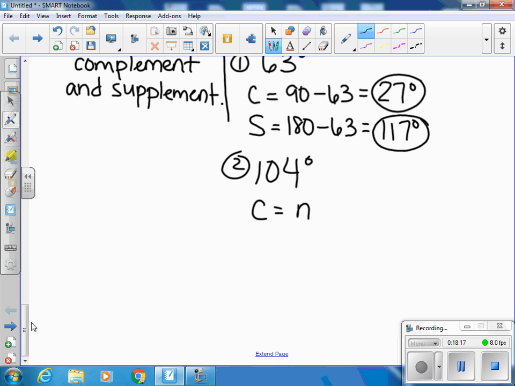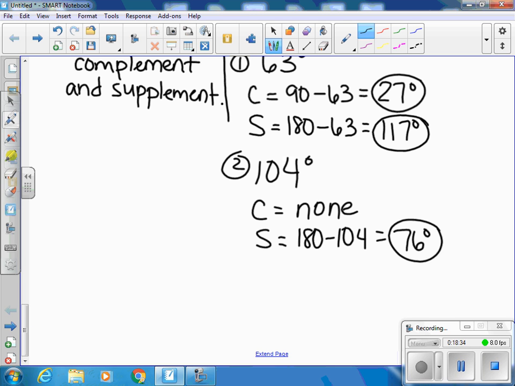So that means that there is no complement, because there's no number you can add to 104 to make 90. It just doesn't work. For a supplement, though, you can, because the magic number is 180. So you take 180, subtract your 104, and the angle that is supplement to that one is 76 degrees. If there is no complement or no supplement, whichever the case may be, you write none. But you don't see that happening too often.